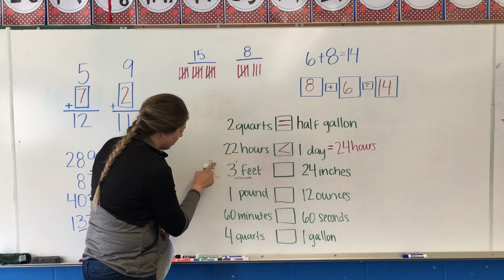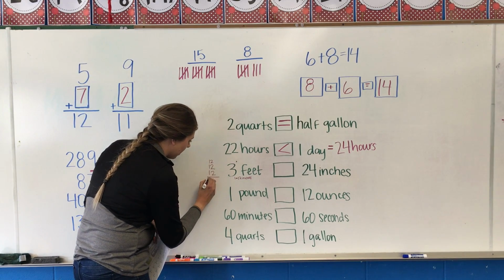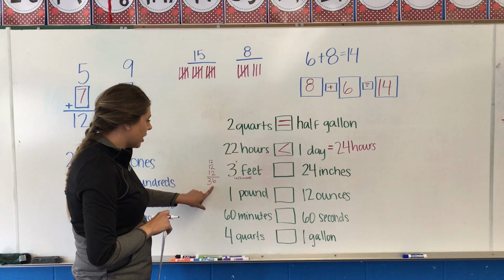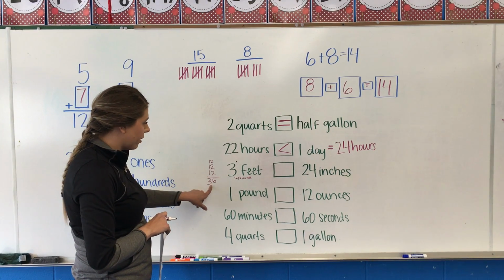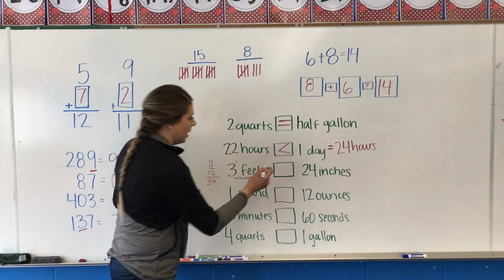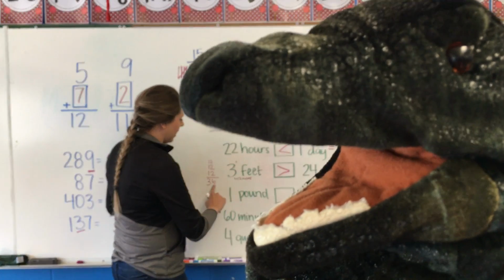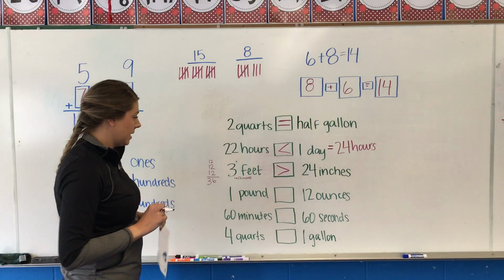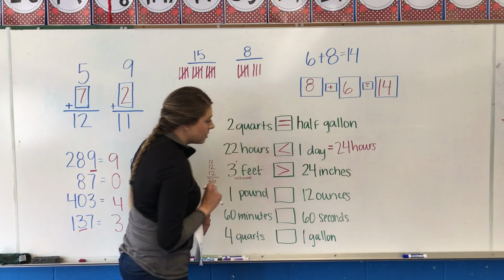And so if we add 2, 4, 6, 1, 2, 3, we can see that it is actually 36 inches is 3 feet. So now what's bigger, the 36 inches or the 24 inches? It's the 36 inches, so we're going to draw our greater than, saying that 3 feet is greater than 24 inches.